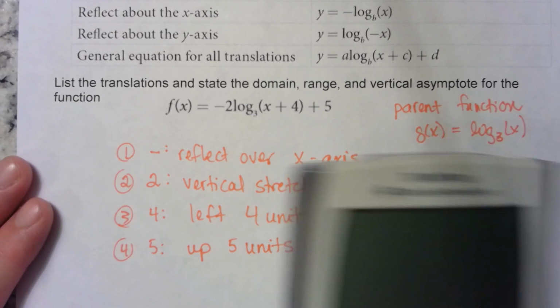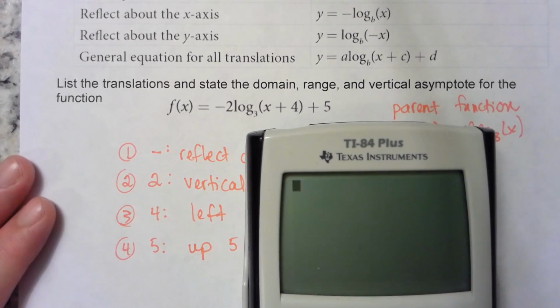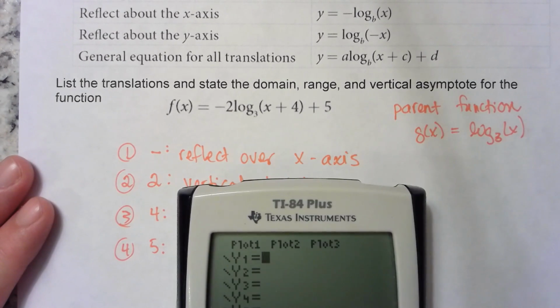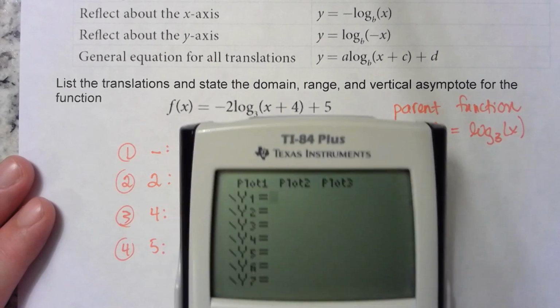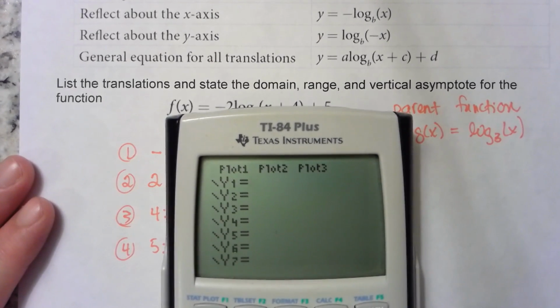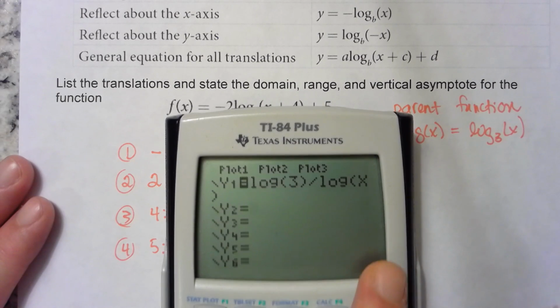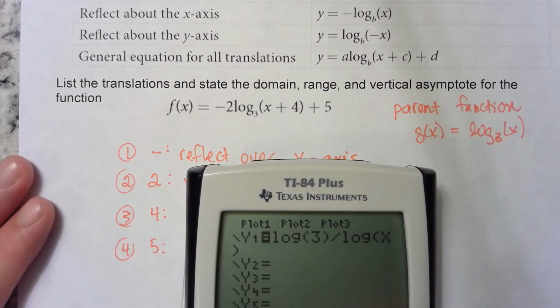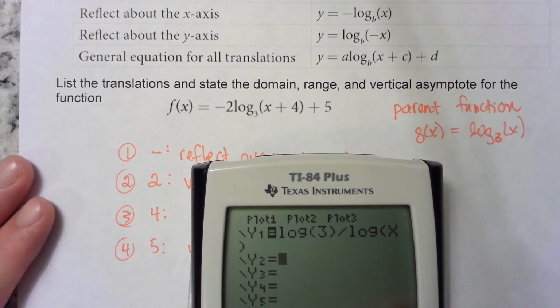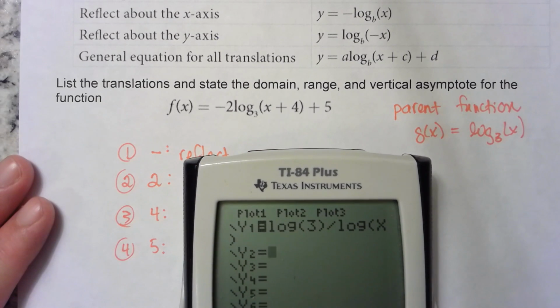Let's just graph both of those and see what they look like. So I'm going to graph these, but we're going to talk about how I did this a little bit later. So that's going to be the parent function, the first one that you see. This one's going to be a little more difficult to type in the calculator.